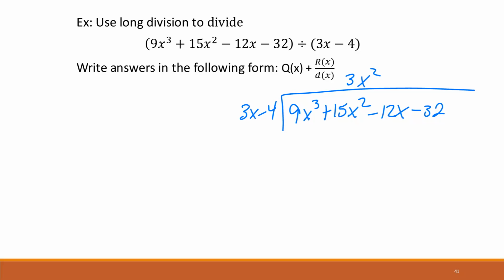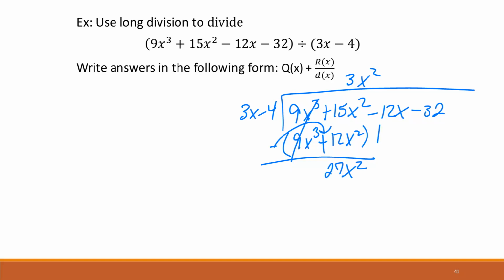So 3x squared times 3x would give me 9x cubed. Remember, we're subtracting. So 3x squared times negative 4 would give me negative 12x squared. So these cancel. This becomes a plus when we put that negative in. So we get 27x squared. Bring down our next term.